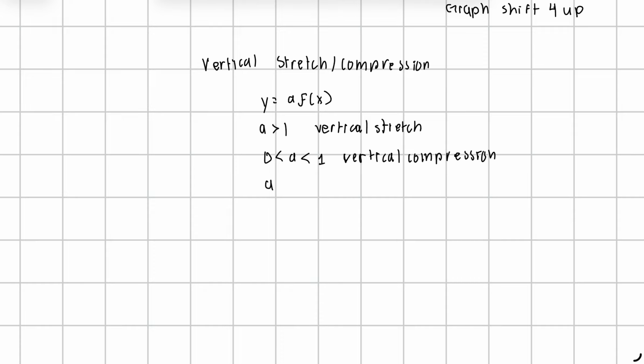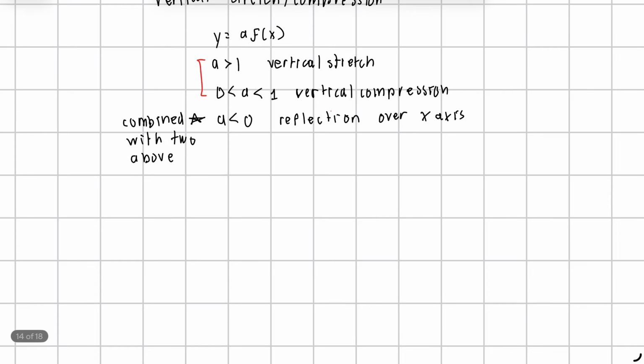And if you have a less than 0, you're going to have a negative value for a. That's a reflection over your x-axis. So this is something that can be combined with the two above. So you could have one of these, and then you can also stack that with a negative.